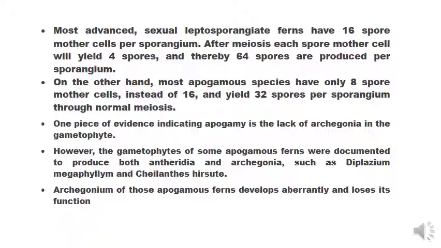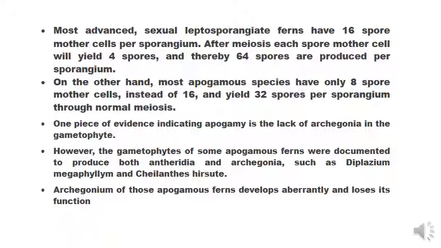So if the plant has 16 spore mother cells, then it produces 64 spores which are haploid in nature from one single sporangium. This is the general condition which happens in pteridophytes.